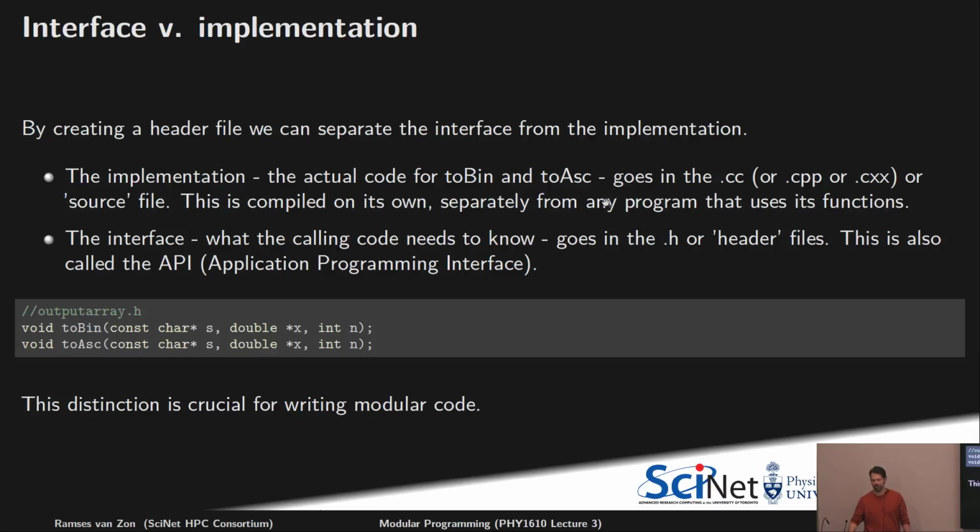And so they go into their own file. It's typically another source file, so .cc or .cpp or .cxx, whatever your favorite extension is. I don't really care. I would suggest you're consistent though, so you don't accidentally end up with a file output array.cc and a file output array.cxx because you pick what you like.